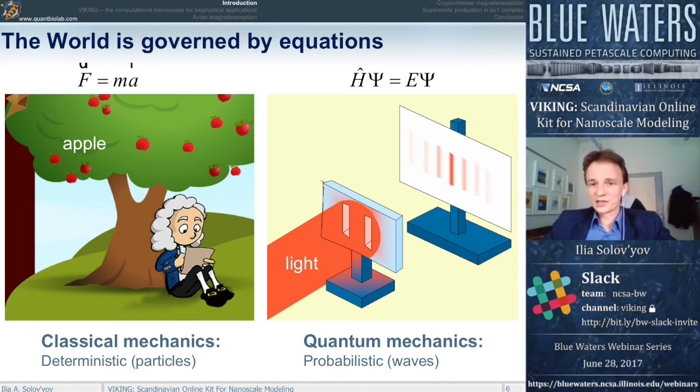So classical mechanics follows the Newton law of motion, while quantum mechanics is governed by the Schrödinger equation. And depending on the problems that you would like to solve, you need to choose the appropriate equation, and then we'll have some possibility to solve that. So basically, in very crude terms, this would be the approach that you would like to take in order to solve complex problems.